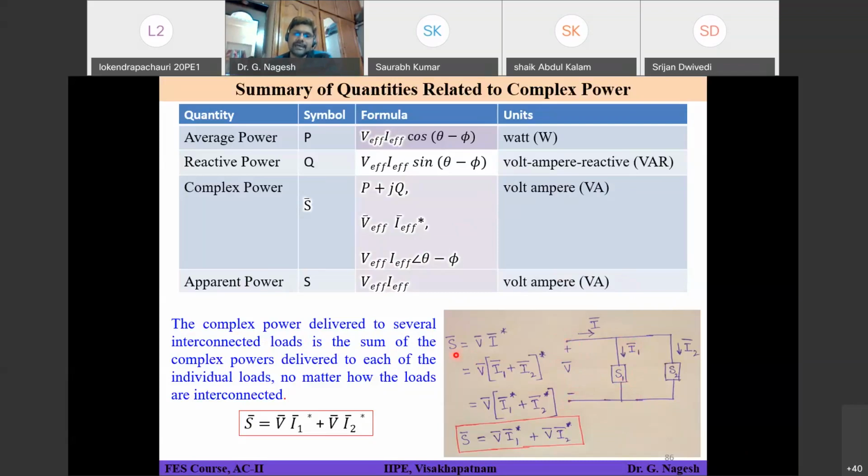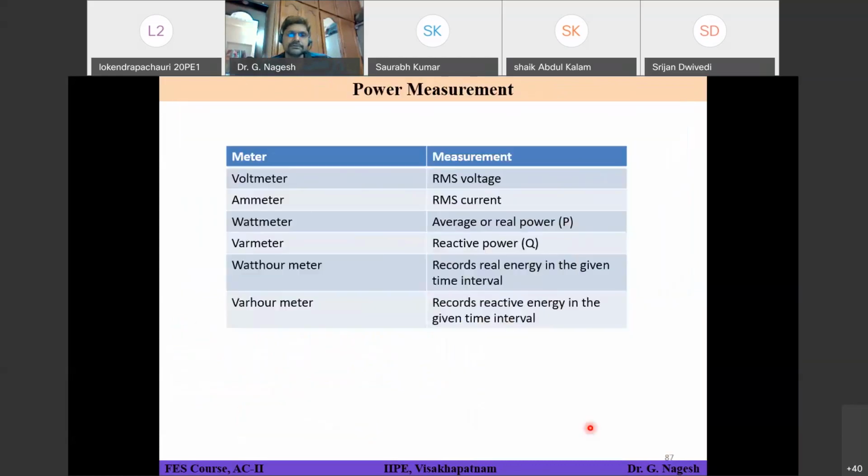So S equals V into I conjugate, where I is I1 plus I2. So S equals V into I1 conjugate plus V into I2 conjugate. That means the total complex power equals the sum of the individual complex powers absorbed by each load. This is the conclusion.